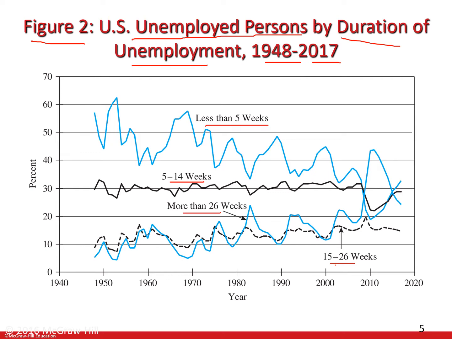We can see that a large fraction of the unemployed are likely to be in a long-term unemployment spell. Even prior to the Great Recession, there had been an upward drift in the spell length.